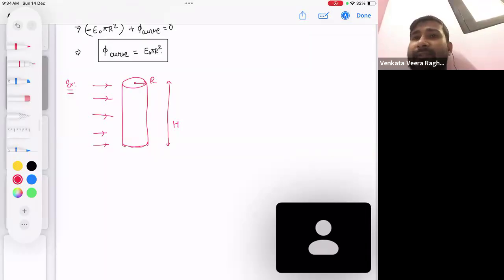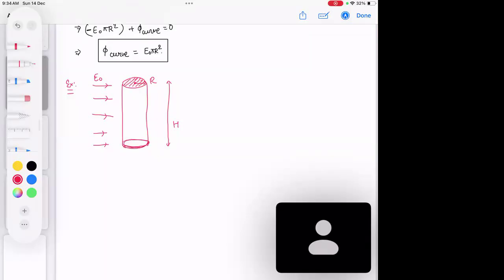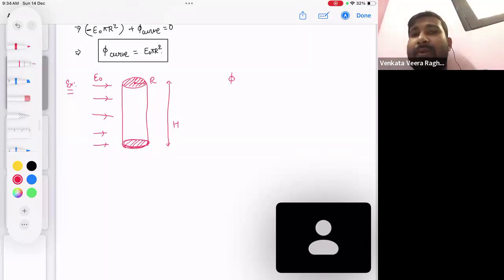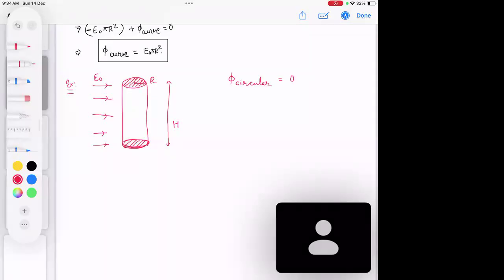Can you tell me what is the flux through the flat face? It's a uniform electric field. What is the flux through the flat, circular face? Zero. Can I say the flux through the circular face is going to be 0? What is the reason?